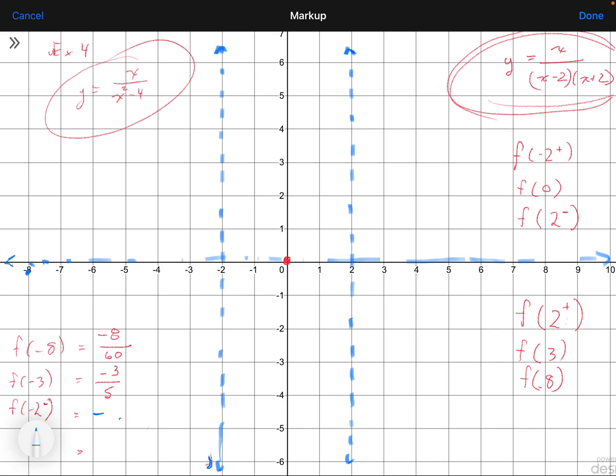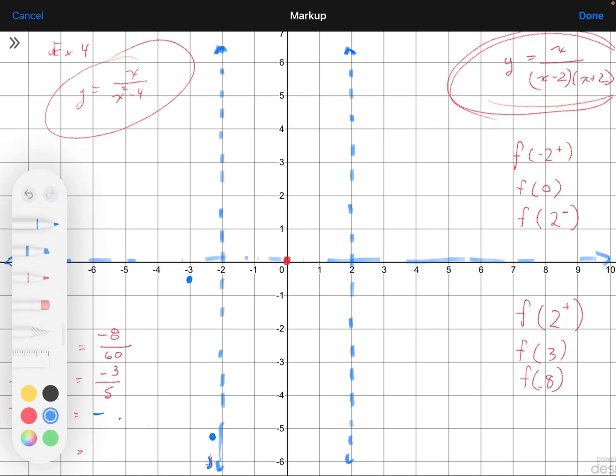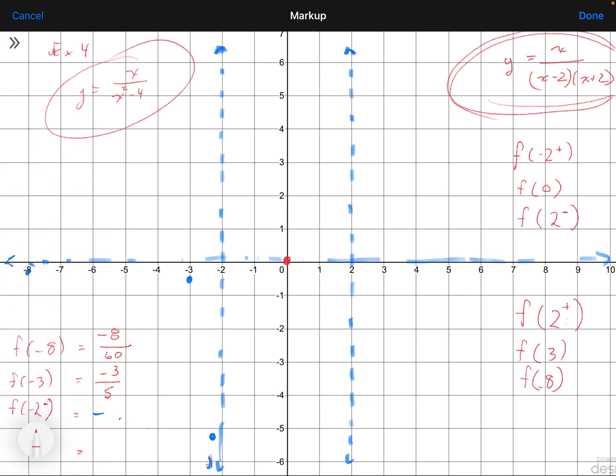When x is equal to -3, my y value is -3/5, which is about -1/2. When x is -2, but on the negative side, I know that my graph is going to go way down. So now, if I was to draw this left-hand side, I would draw it like this.